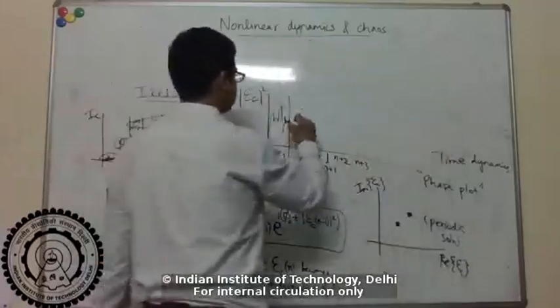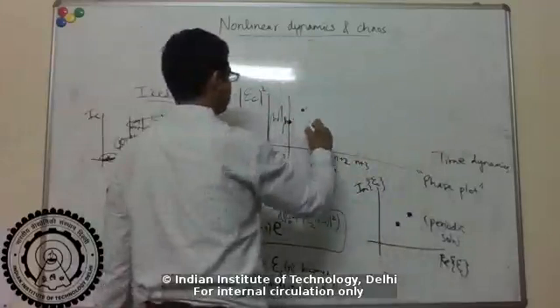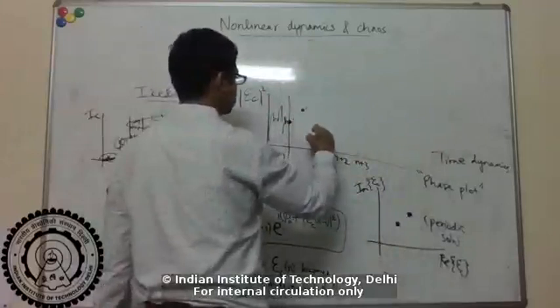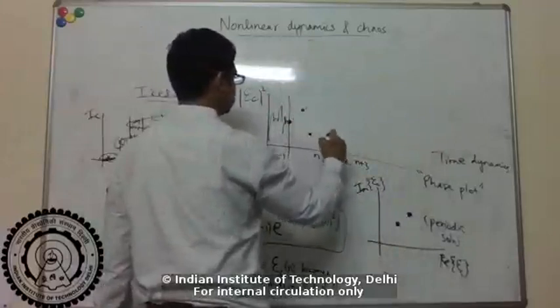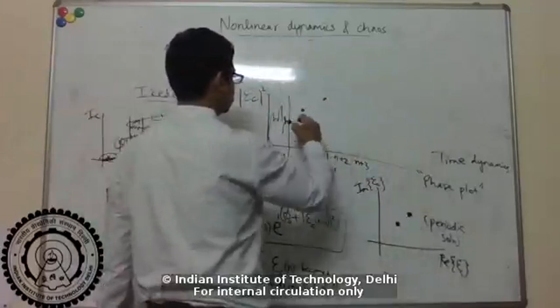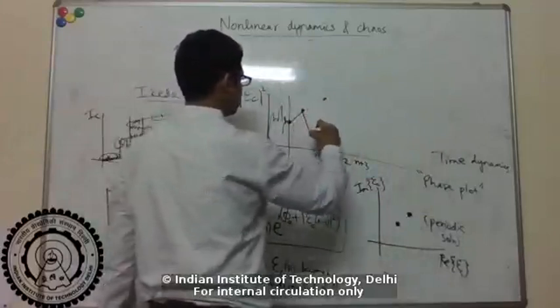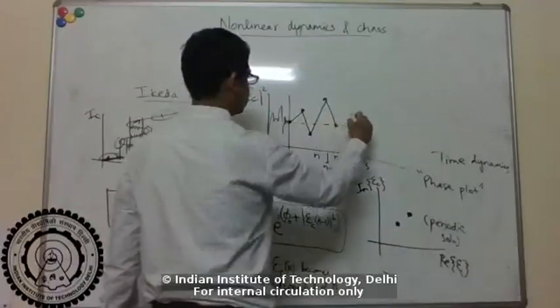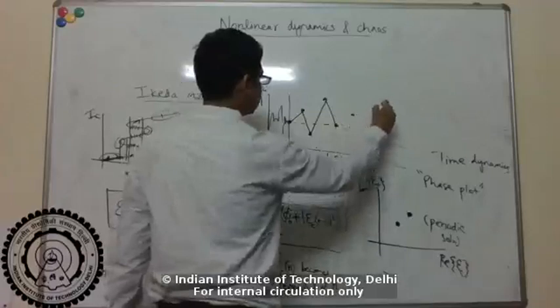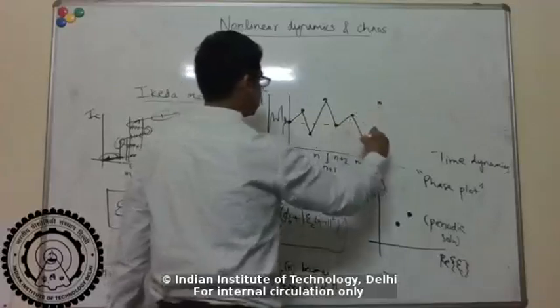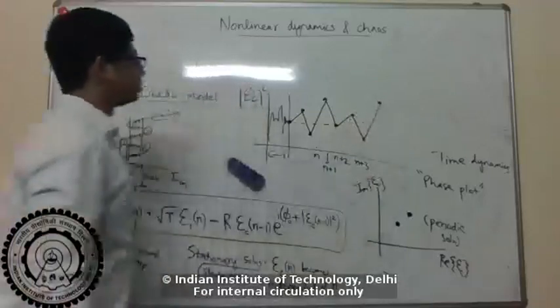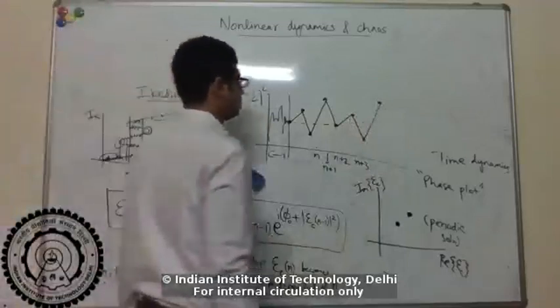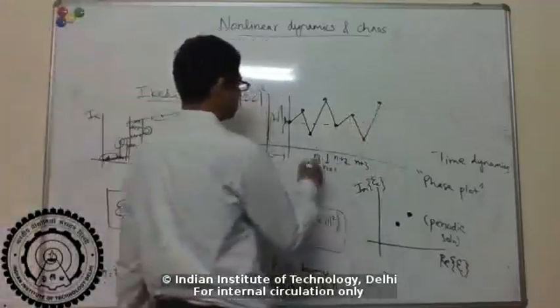Let's say you have four values: 1, 2, 3, 4. It goes 1, 2, 3, 4, then it comes back and repeats.